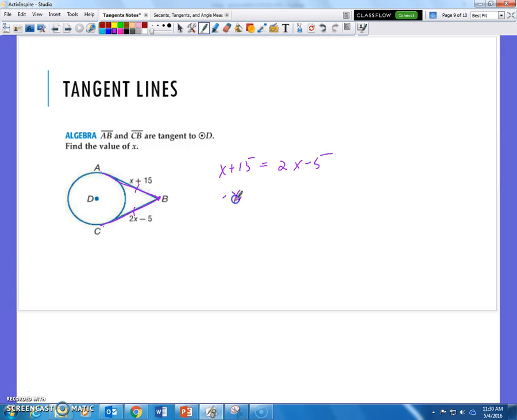And again, we just have a linear equation here to solve. x equals 20. And again, it just says to find the value of x. It doesn't say find the length of the segment from the intersection of the tangent lines to the point of tangency. It just says find what x is. That's what we've done. We're good to go there.